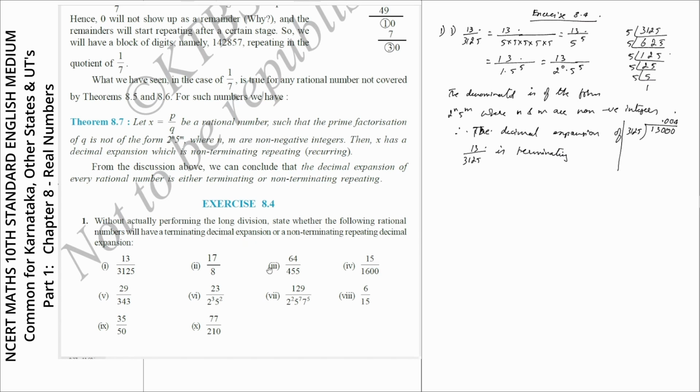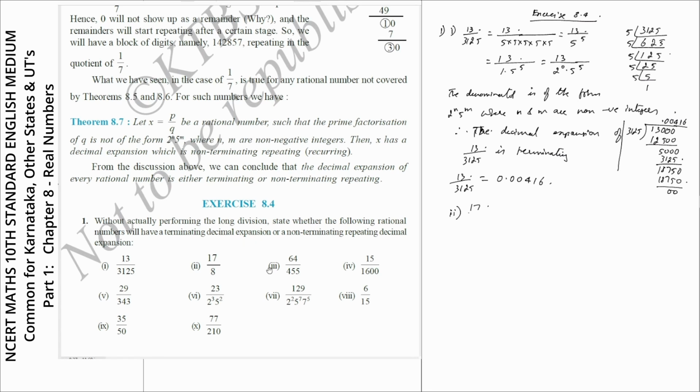Now 3125 into 4 is 12,500 I'll get. So 500 is remaining. Now I'll put one more 0. Then 3125 into 1 is 3125. Now I'll get 5781. Now if I put 0, now 3125 into 6 I'll get 18,750. Okay, therefore 13 by 3125 is equal to 0.00416.